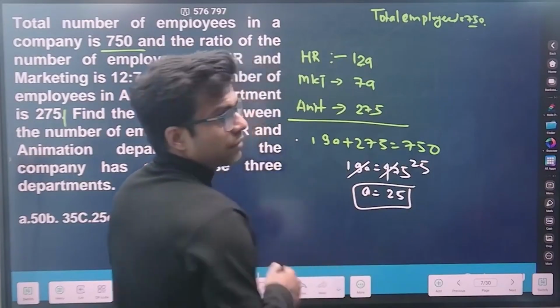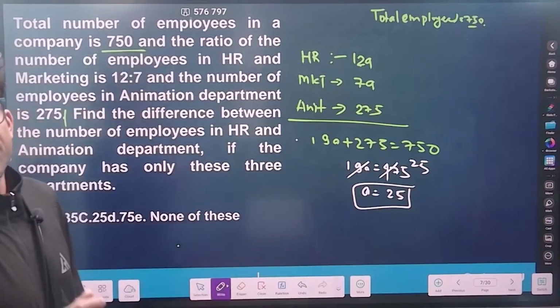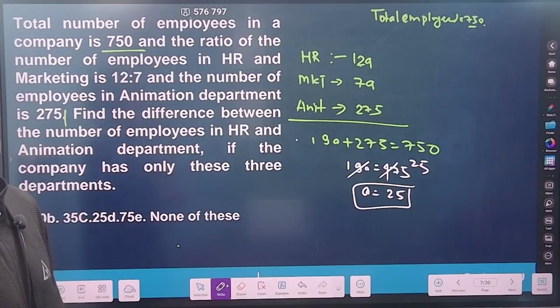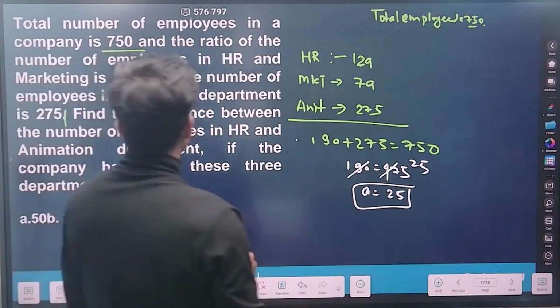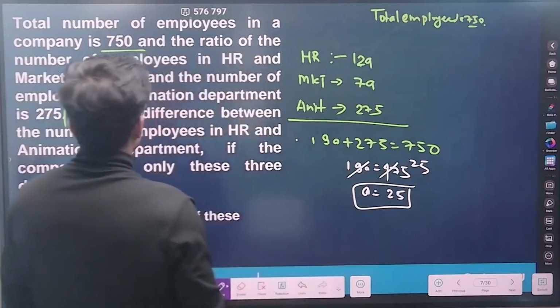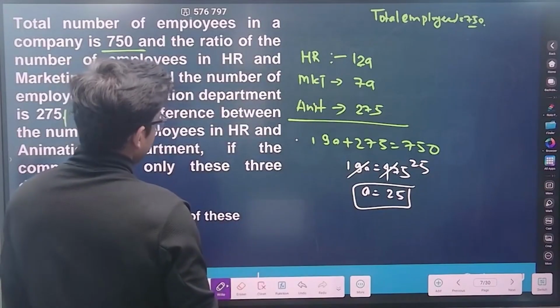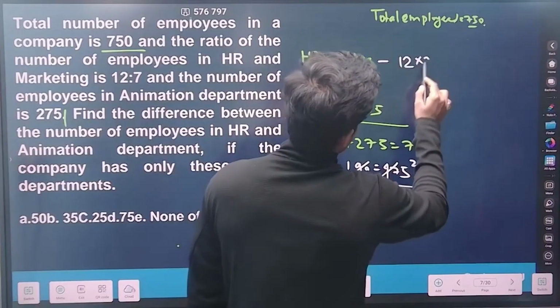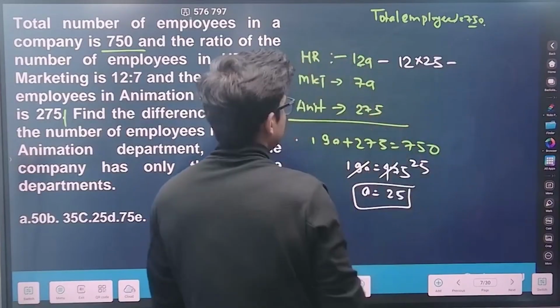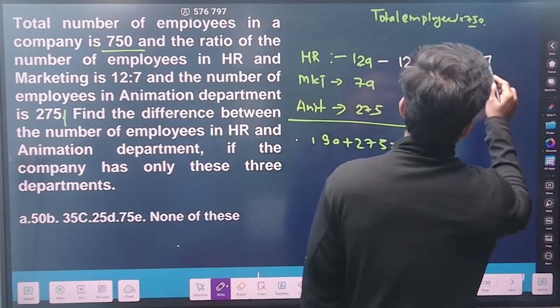You can do this by yourself also and answer me. Find the difference between the number of employees in HR and the animation department. HR has 12A, so 12 into 25 minus the animation, which is 275.